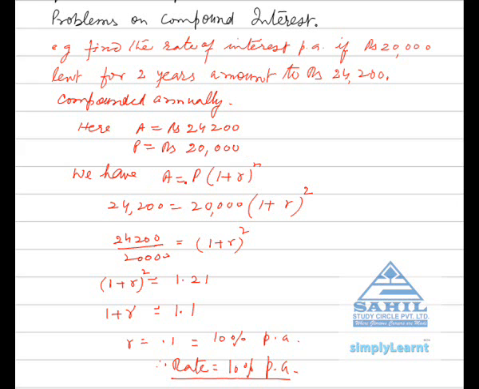We have A is equal to P into (1 + R) to the power n. 24,200 is equal to 20,000 into (1 + R) to the power 2, which simplifies to (1 + R) to the power 2 is equal to 1.21, or 1 + R is equal to 1.1 and R is equal to 0.1, which is 10% per annum. Therefore, rate is 10% per annum.